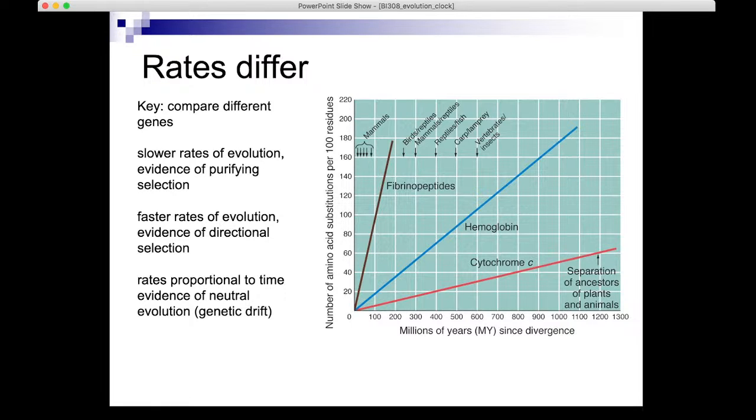So low rates of evolution, essential genes; fast rates of evolution, non-essential genes, associated with probably an original correlation we identified that is not an important one.